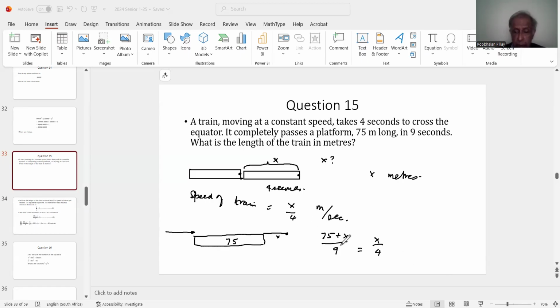This information is coming from the second part of the problem. This is in 9 seconds. So now we have an equation in x, you see. If you cross multiply, you have 4 times 75, 300, plus 4x equals 9x. You bring all the x's to one side, and you will see that x is equal to 60 meters.